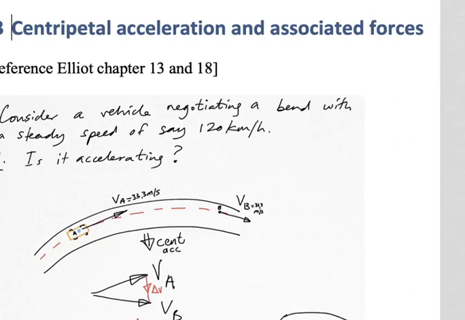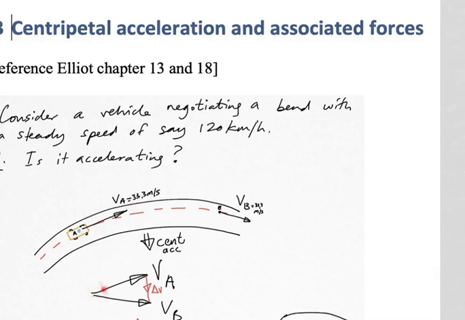Let's start by considering the velocity vector when the vehicle was at A. And remember that velocity, being a vector, has both magnitude and direction. So the magnitude is 33.3 meters per second, and the direction of the velocity initially is this way, which would be tangential to its path.